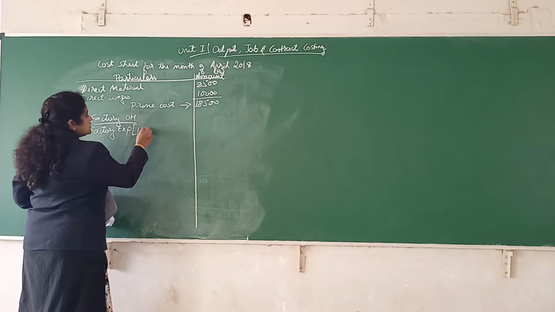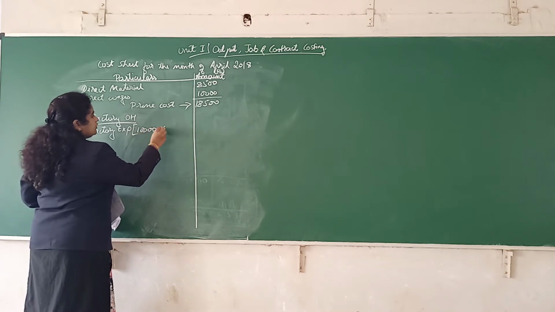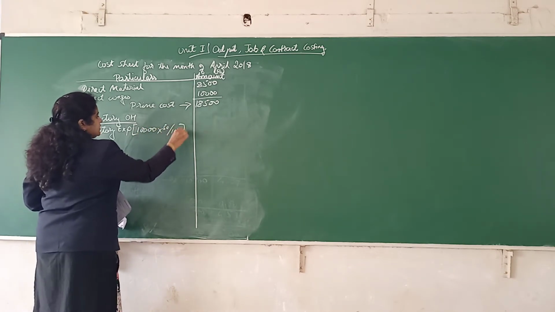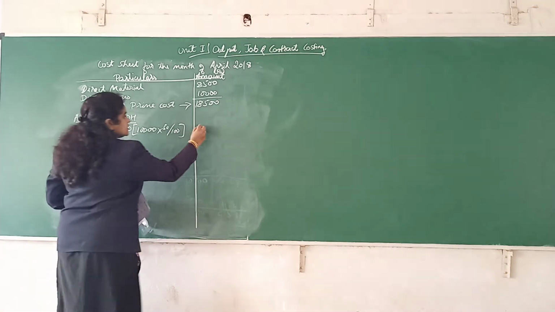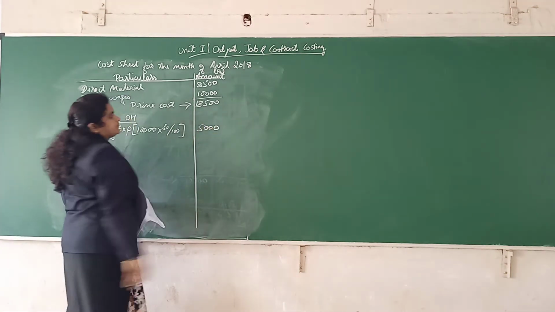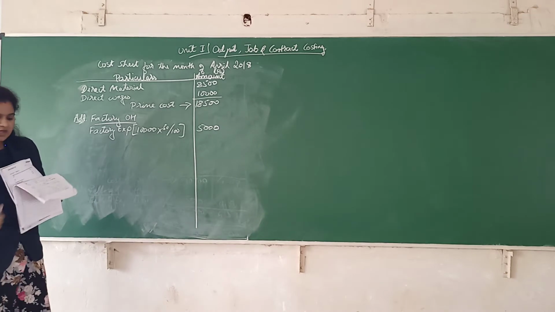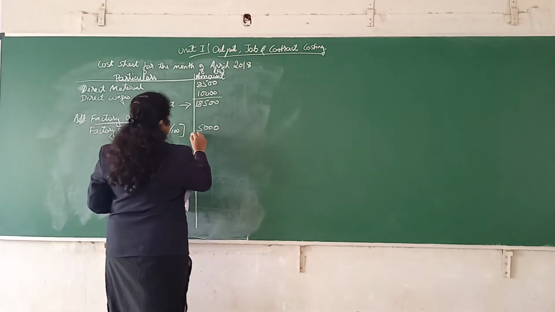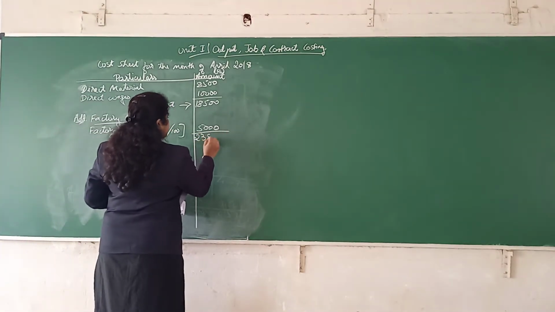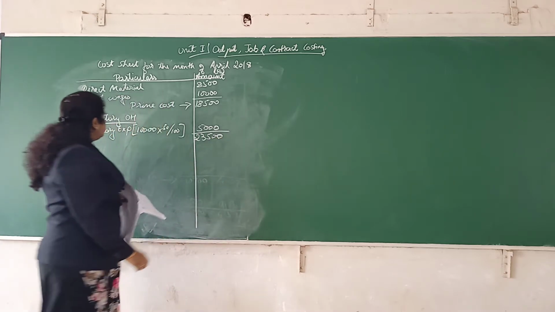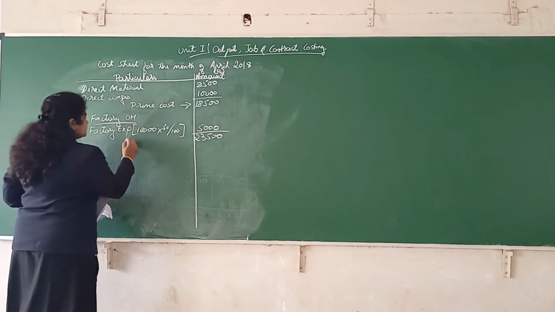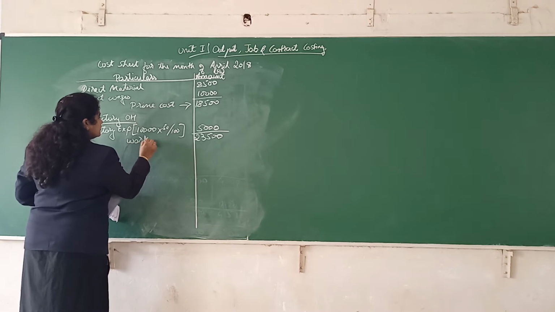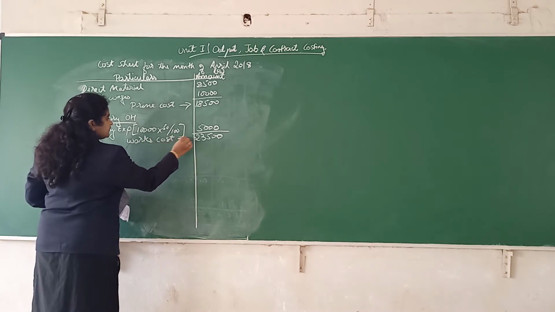Wages amount is 10,000 into 50%. So that is 5,000. Again make a total, 23,500. This is called as works cost.